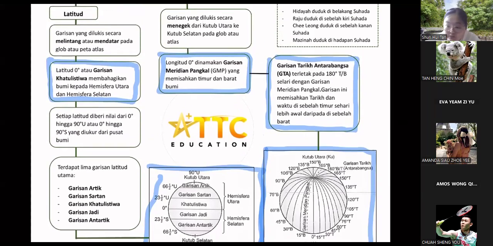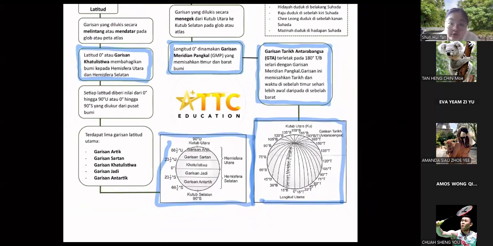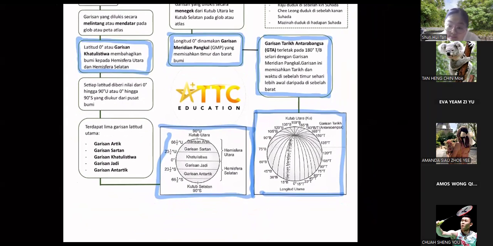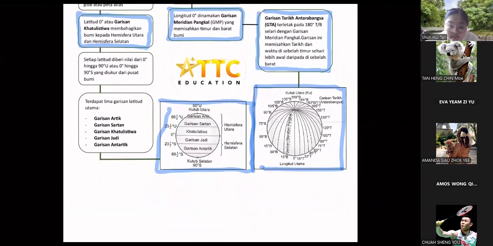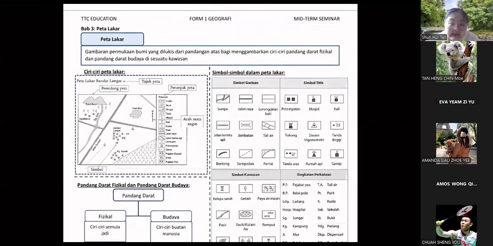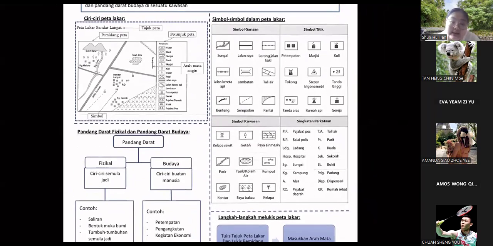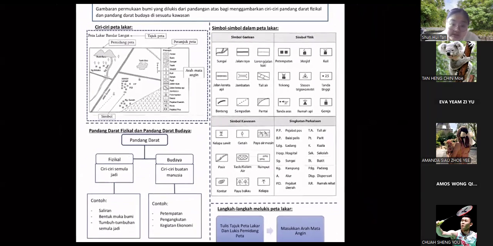I just draw through for you. Yeah. I'm not going to go through all the notes, okay, because our focus will be latihan. Right? Move on, yeah. Next. Now for chapter 3, like I said, you need to know about the ciri-ciri.